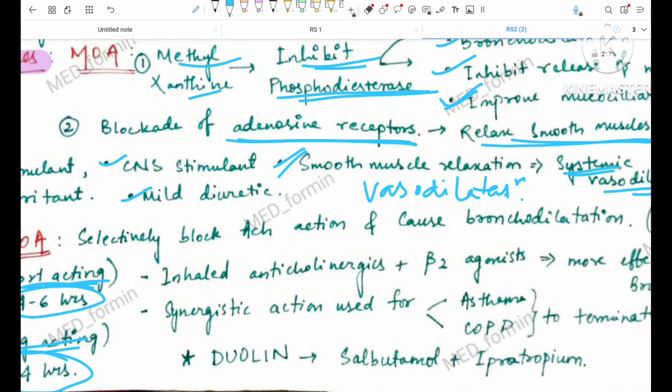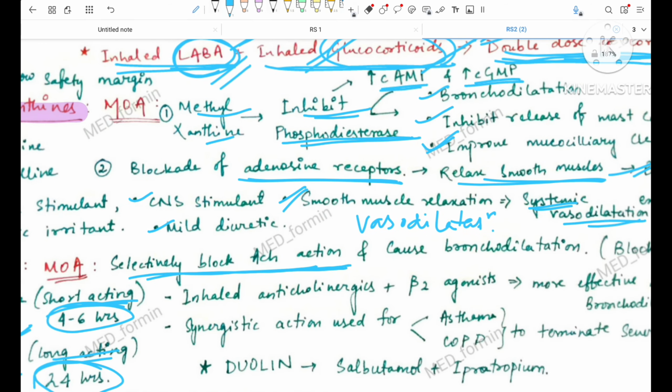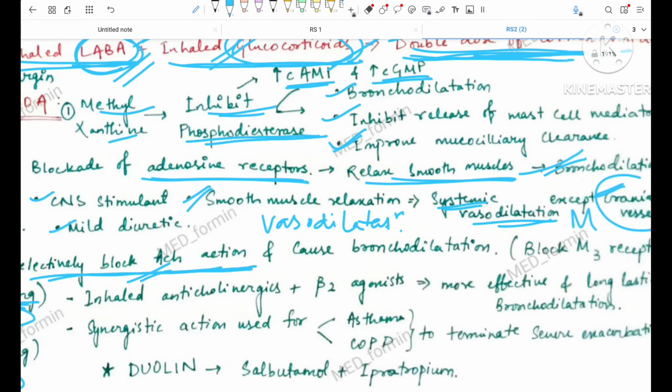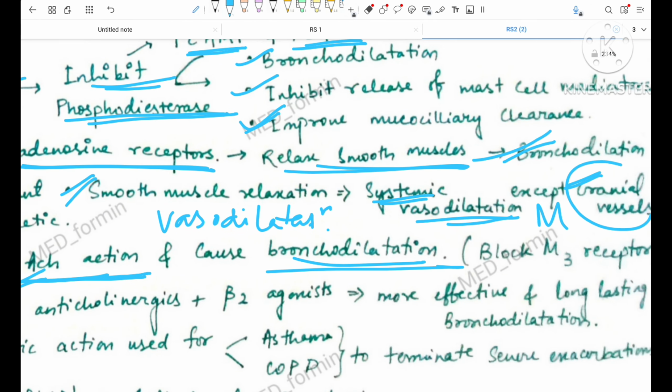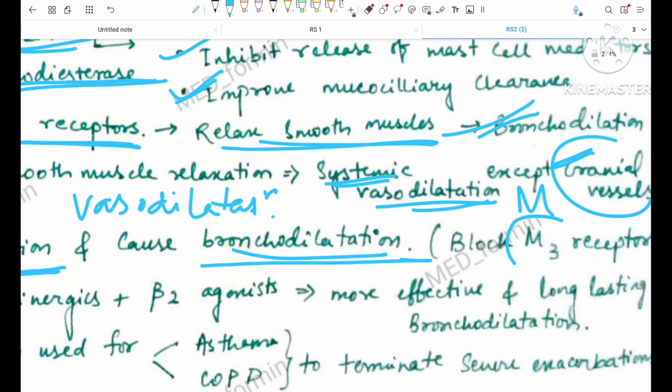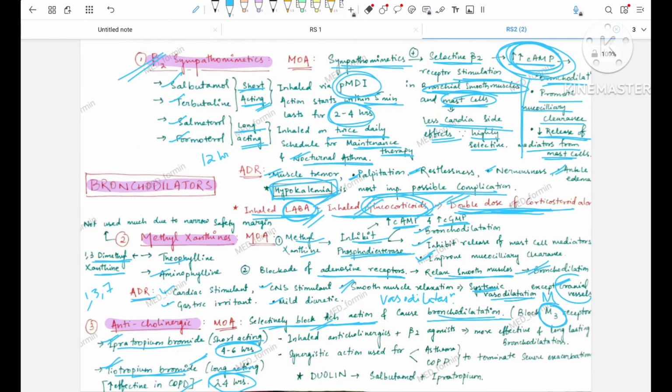Mechanism of action: these selectively block the acetylcholine action. Acetylcholine, as we all know, is an excitatory neurotransmitter. So it blocks the action of acetylcholine and causes bronchodilation. Specifically, it acts on the M3 muscarinic receptor.